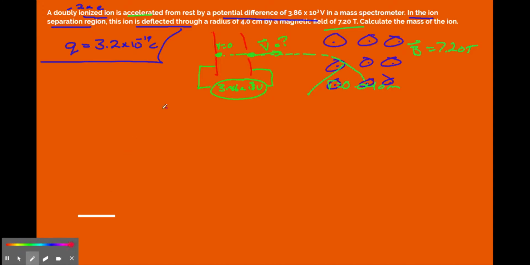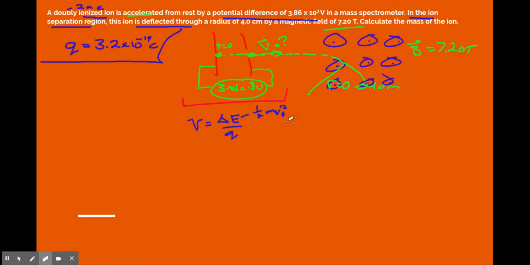And the key is we have really two sections of things going on. Here we have that acceleration stage of the experiment, in which we have the voltage causing a change in energy on our charged particle, increasing its kinetic energy. So 1/2 m v final squared minus 1/2 m v initial squared, but the initial velocity is 0, so we don't have to worry about that.